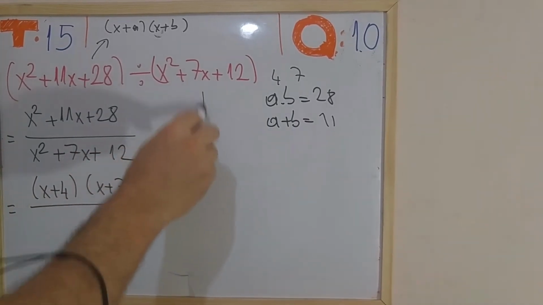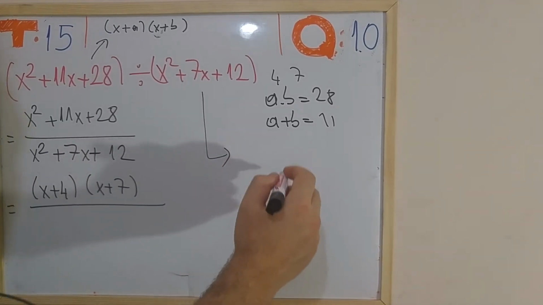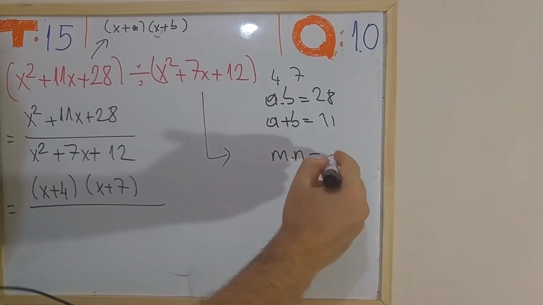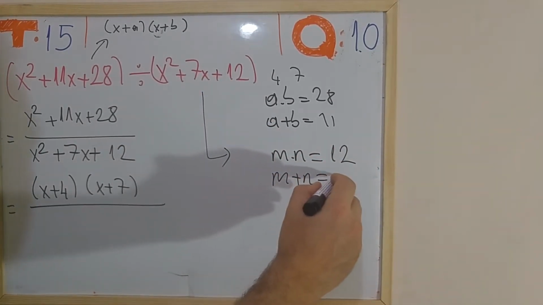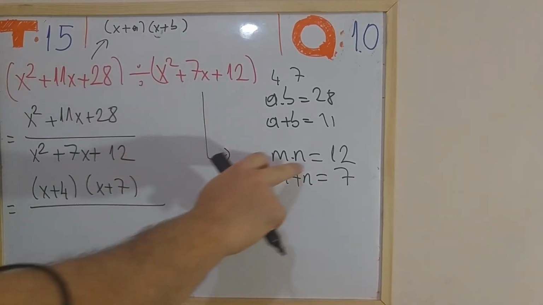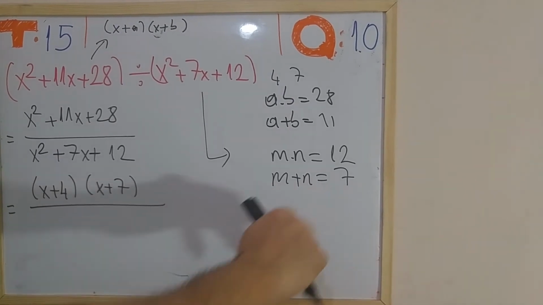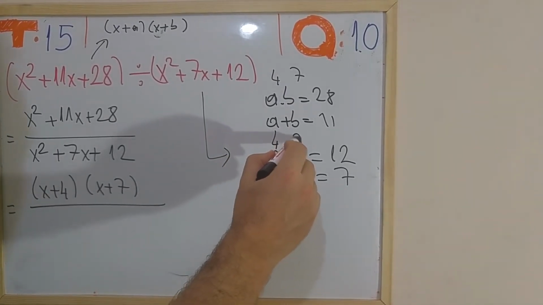Similarly, for this polynomial here, let's call them m and n, so that we don't get confused. M times n must be equal to 12, and m plus n must be equal to 7. These two numbers, when we multiply, must be equal to 12, and when we sum up, they must be equal to 7. Apparently, these numbers should be 4 and 3.